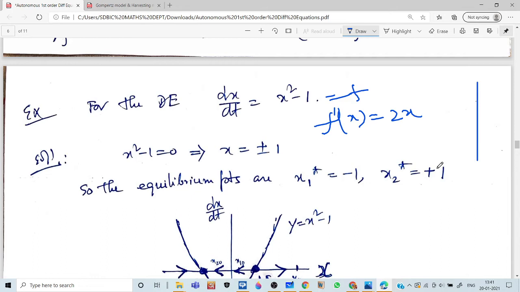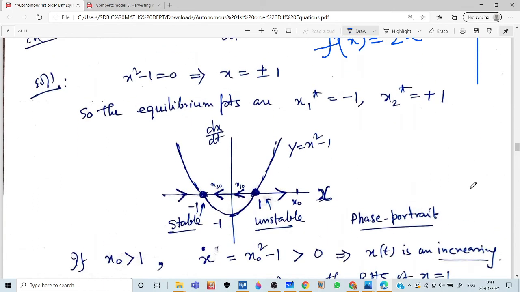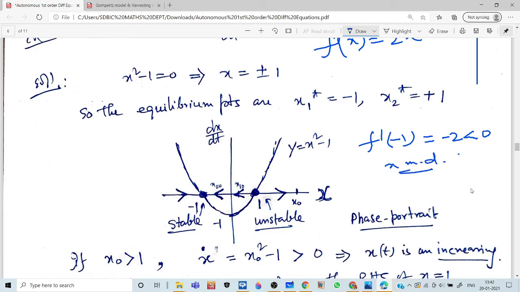f'(x) = 2x, so f' at the point -1 is 2 times -1, which is equal to -2, less than 0. So x is monotonically decreasing here.